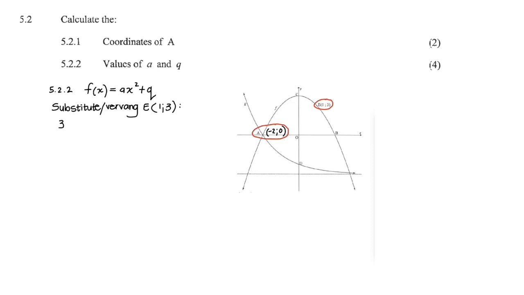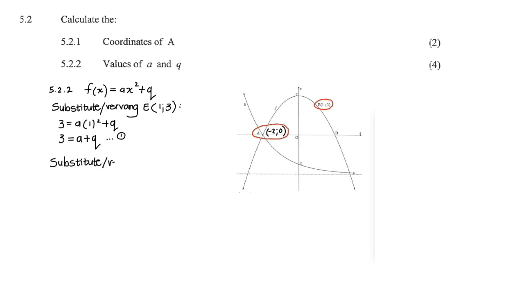So now we have 3 = a(1)² + q. Now we simplify, so it becomes 3 = a + q. This is equation 1, so you can number it.